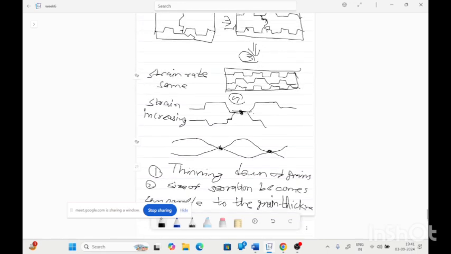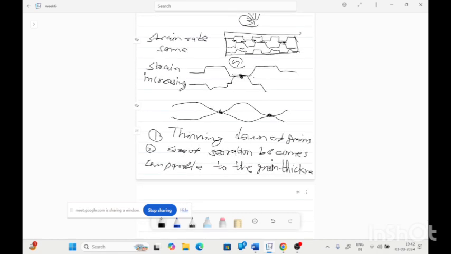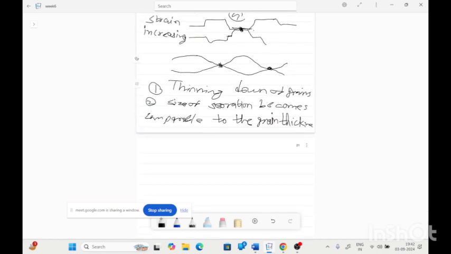Between these grains some serrations also form. Due to the continued deformation, the serrated region increases and becomes comparable to the grain thickness.